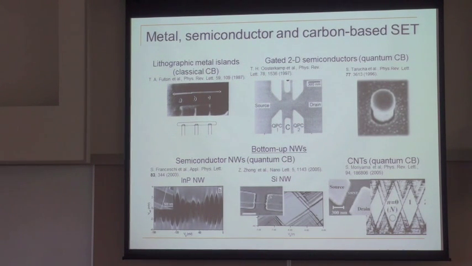And recently, bottom-up nanowires, such as semiconductor nanowire and carbon nanotubes, are used as quantum dots, and very nice results, including quantum Coulomb blockade, are reported.